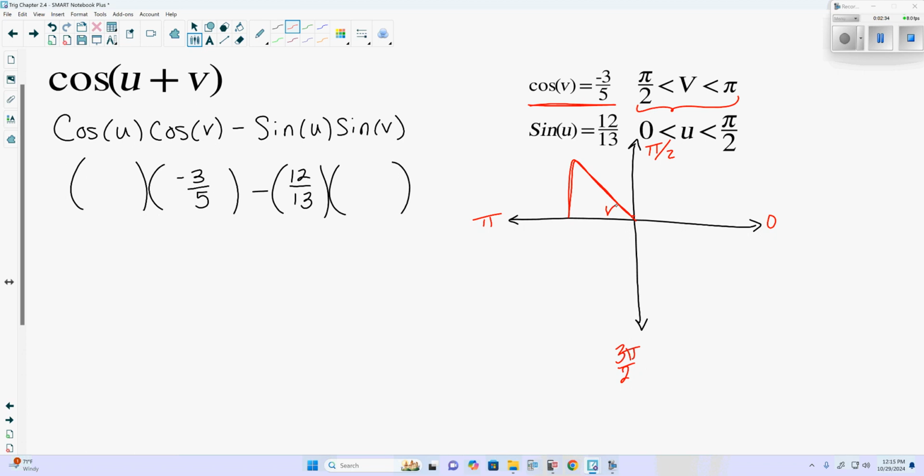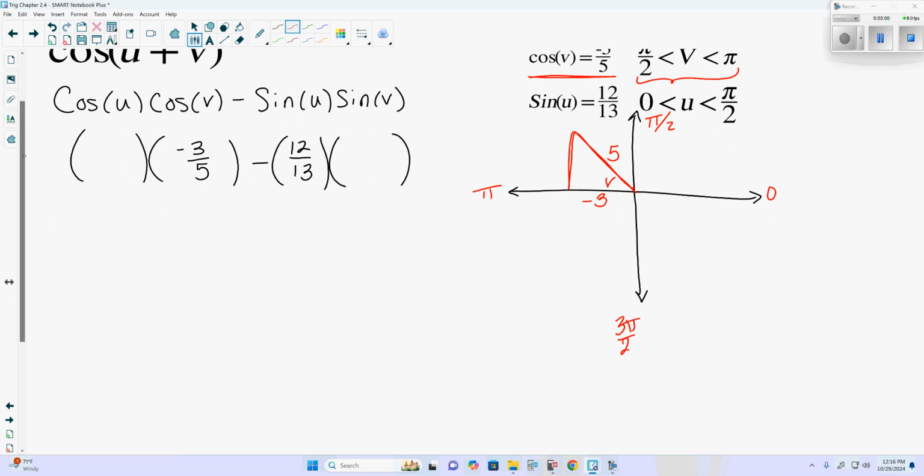And they told us that cosine is negative 3/5, adjacent over the hypotenuse. Since we're on the negative x-axis, that side of the triangle would be negative 3, and the hypotenuse is 5. The hypotenuse is never negative, but our opposite and adjacent sides on these triangles can be positive or negative. Questions on this so far?